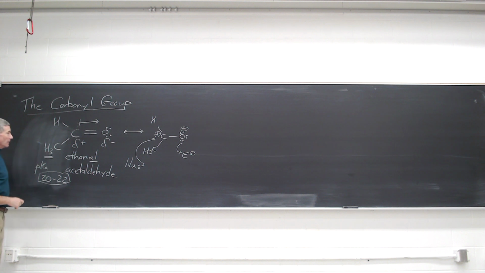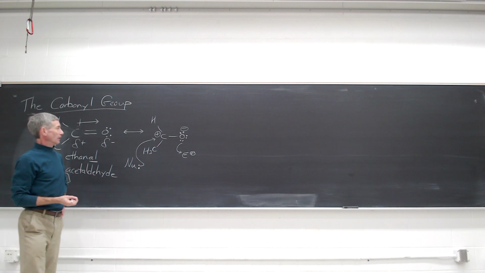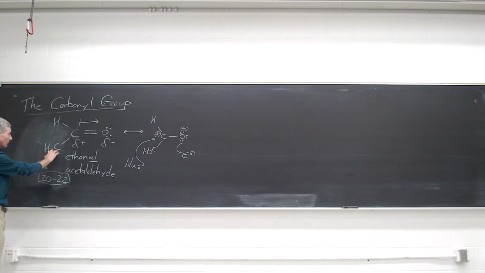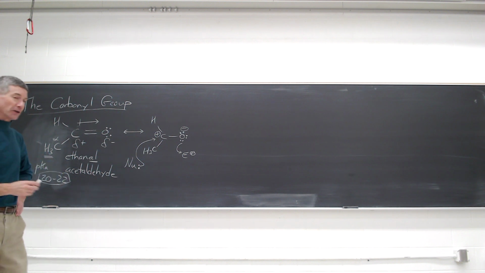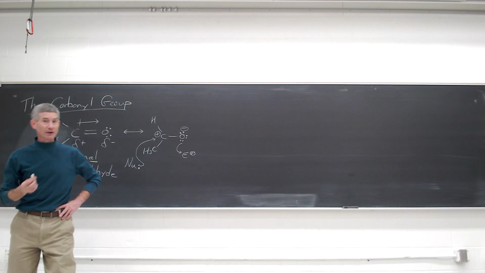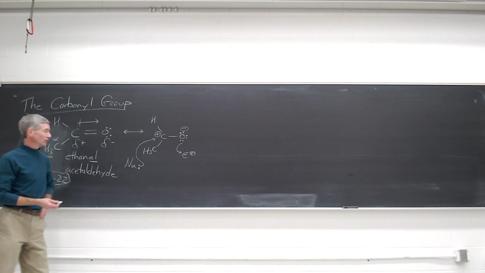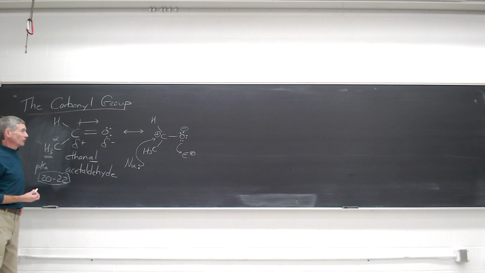So the other chemistry that the carbonyl group can undergo is an acid-base reaction at the alpha carbon. This is the alpha carbon, the one that's adjacent to the carbonyl group. Chemistry occurs at the alpha carbon because of the acidity of that hydrogen. That'll be the subject of chapter 18, and chapter 18 is arguably the most important chapter in the second semester course, which deals with enols and enolates.